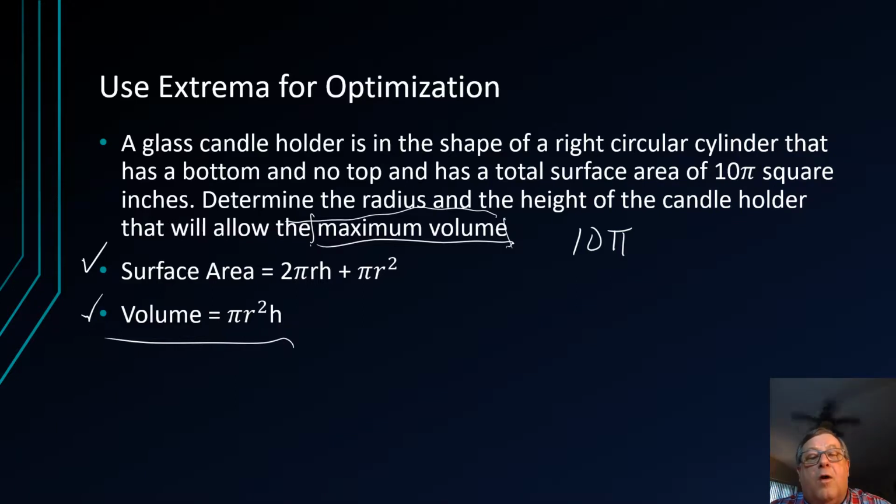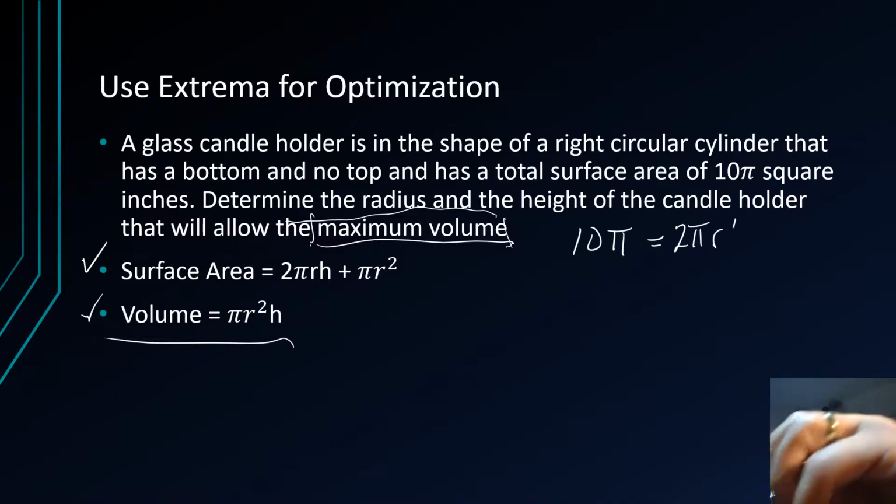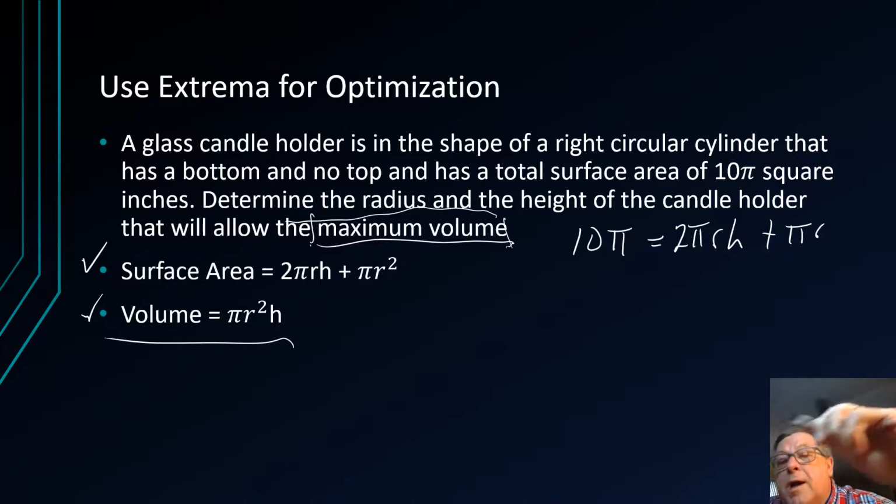I solved for h. So we've got 10 pi equals 2 pi r h plus pi r squared. Well, I can factor out a pi r from the expression on the right.